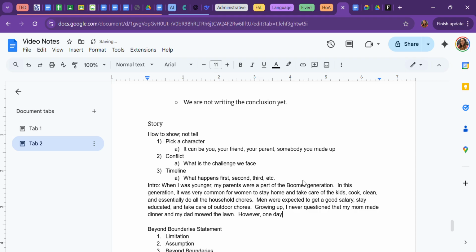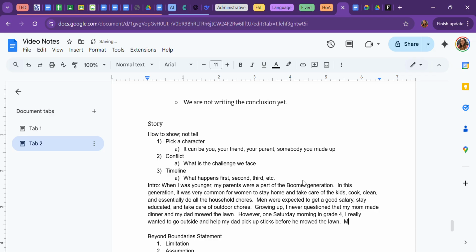However, one Saturday morning in grade 4, I really wanted to go outside and help Dad pick up sticks before he mowed the lawn.